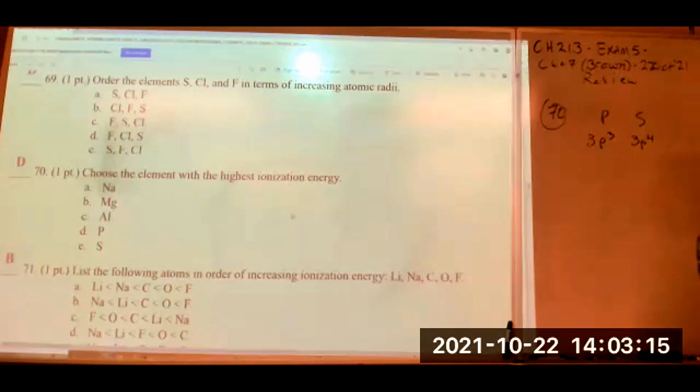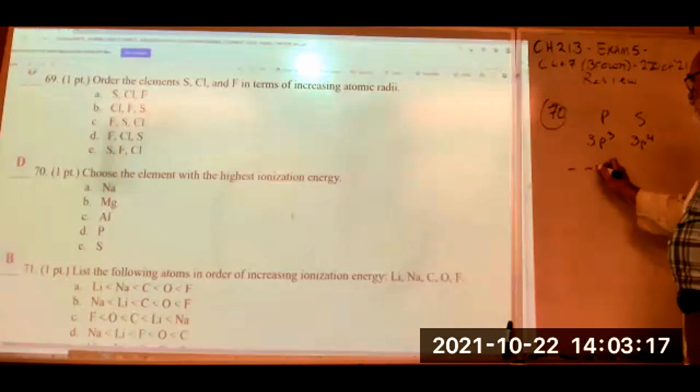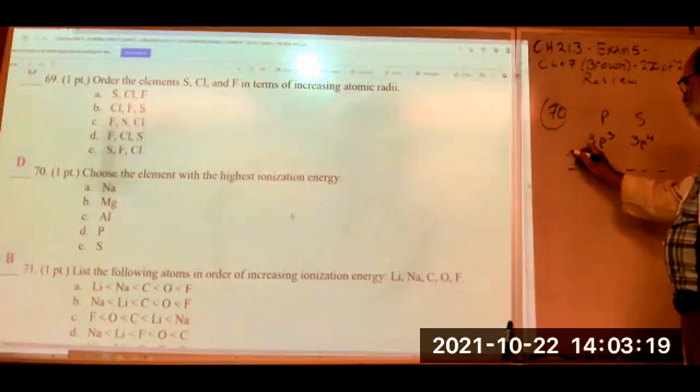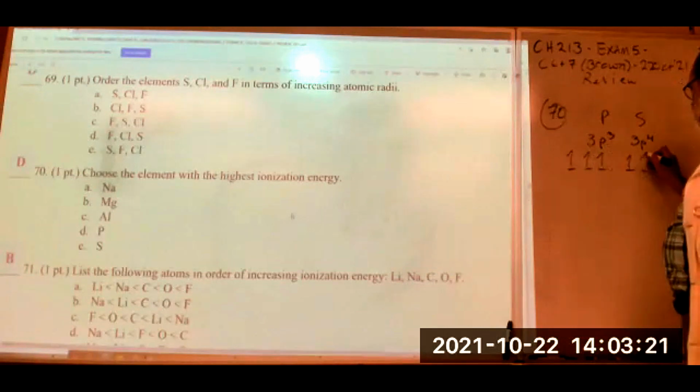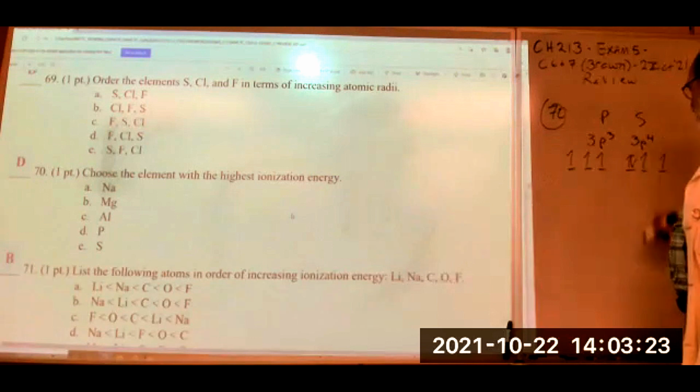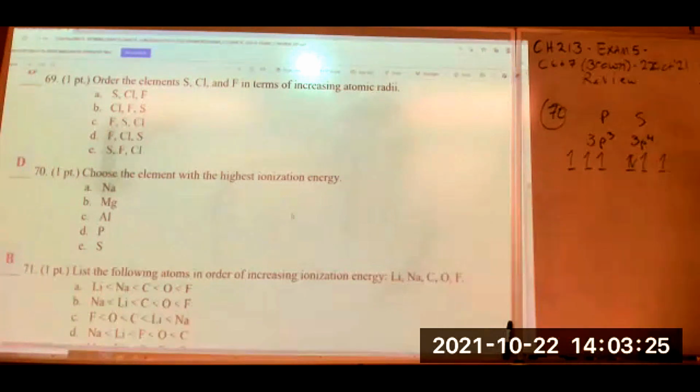Okay, it's becoming clear now. 1, 2, 3, 1, 2, 3, 4. This one will have the lowest energy, lower energy than phosphorus because of that one paired electron that is experiencing repulsion by its neighbor. It takes less energy to get that one off there.